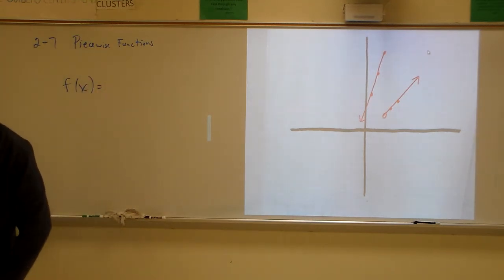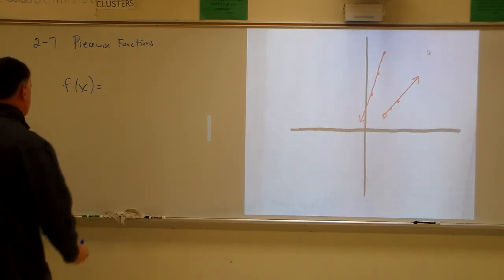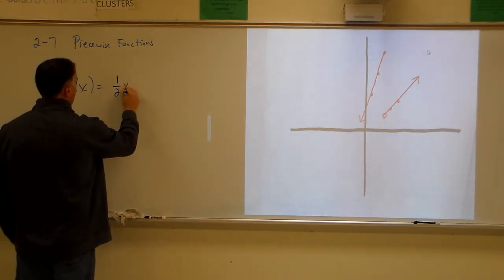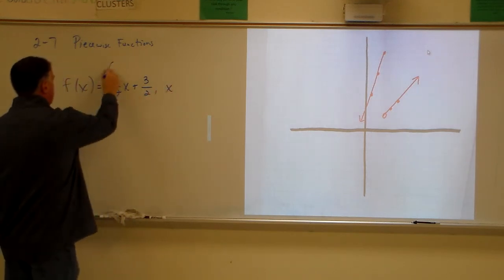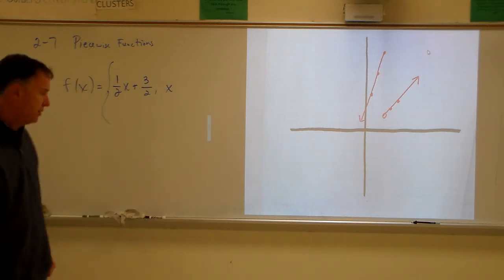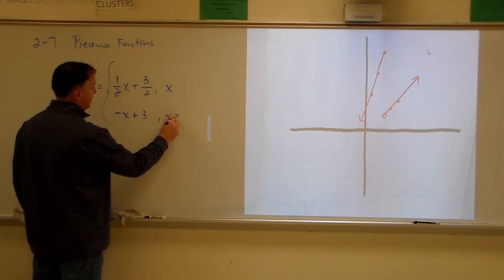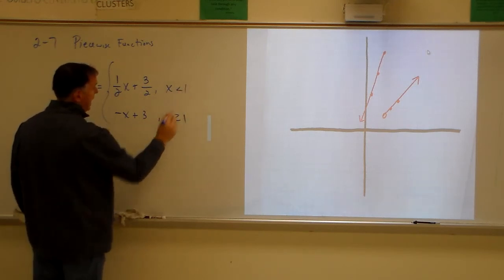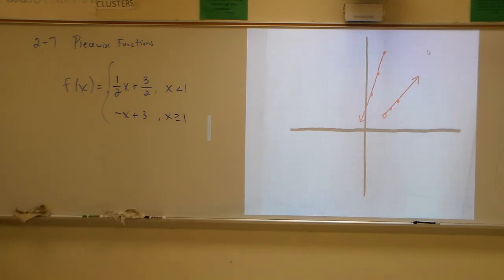So f of x equals 1/2 x plus 3/2, and then negative x plus 3. This is when x is greater than or equal to 1, so that means the other has to be less than 1. They can't both be greater than or equal to or less than or equal to.